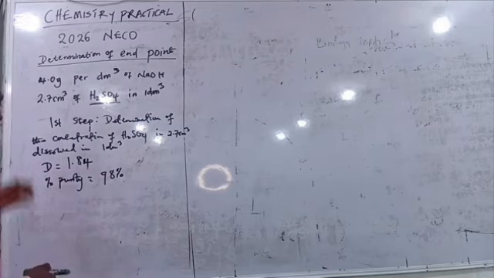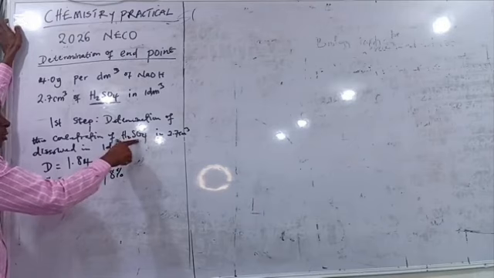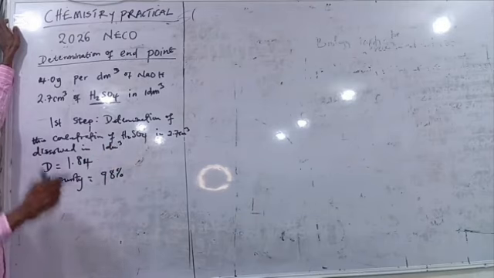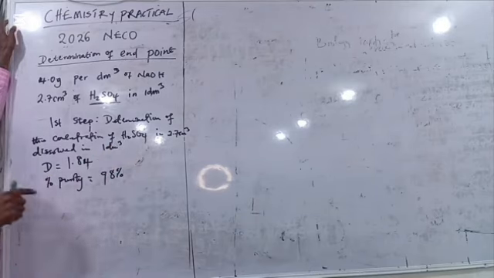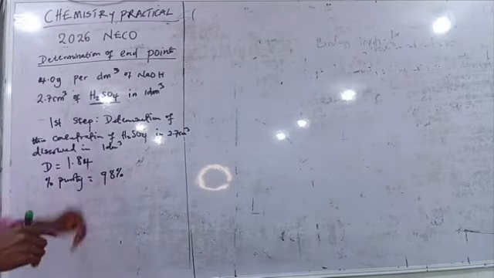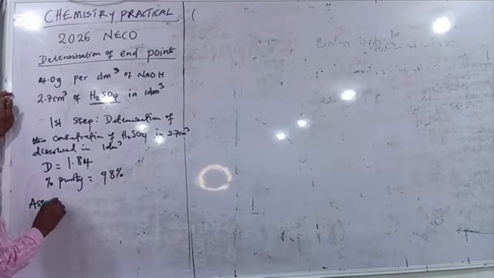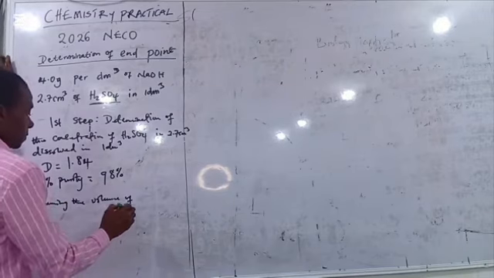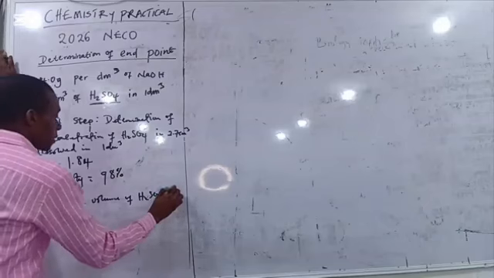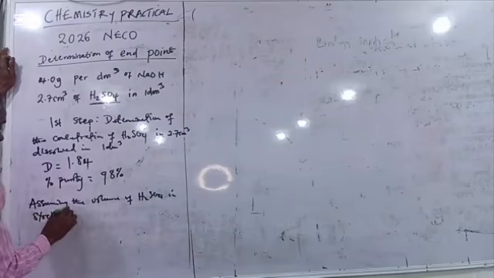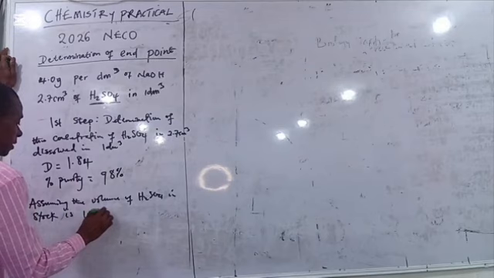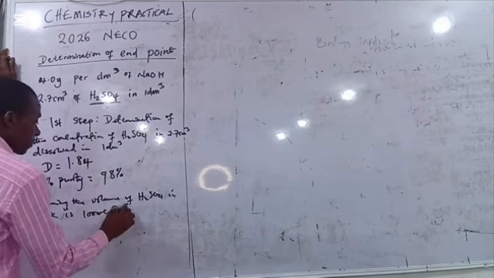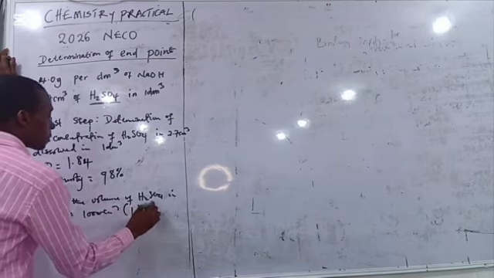We do this calculation. We usually consider that the stock solution of H2SO4 has a volume of 1000 cm cube, or 1 dm cube. Assuming the volume of H2SO4 in stock is 1000 cm cube, that's equivalent to 1 dm cube.